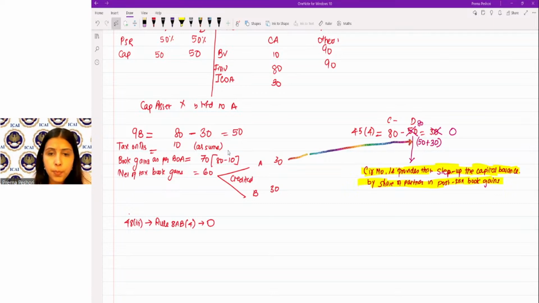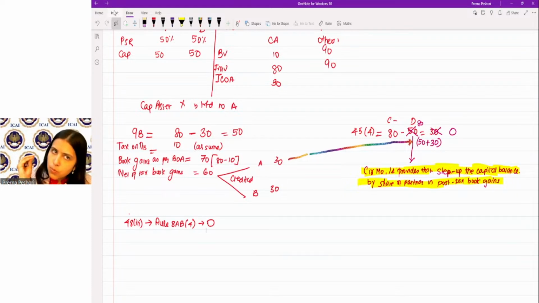Yes, Jacob, I will repeat how 50 plus 30. The circular says that 48.3 is not giving you any benefit. So the circular is saying, fine, you increase or step up the capital balance.